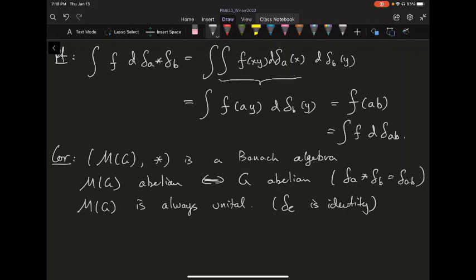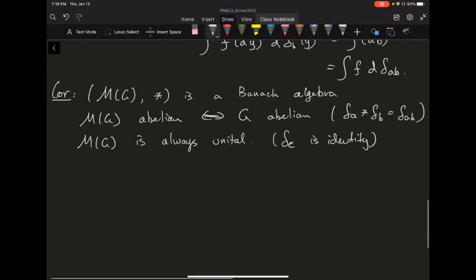When G is discrete, then we saw that the function that takes value 1 at the identity serves as your unit. That actually just corresponds to this Dirac measure, the point mass at the identity. So that's essentially what happens. If your G is not discrete, then of course you cannot use that, but your M(G) always has this Dirac measure. So that's why it's always there.